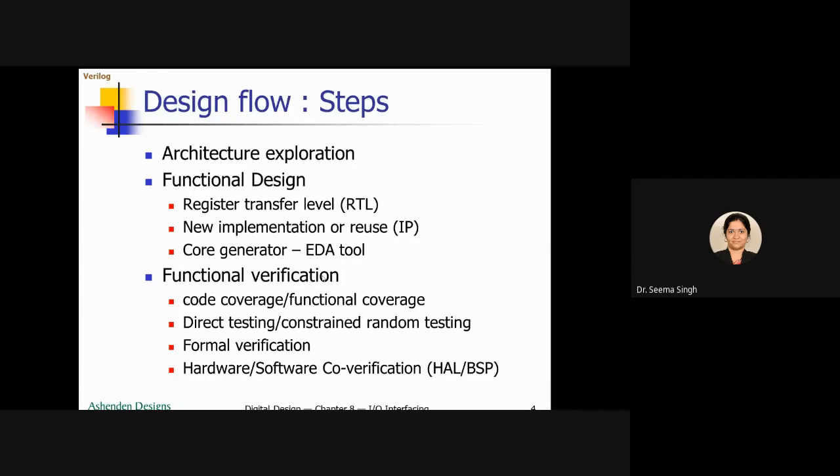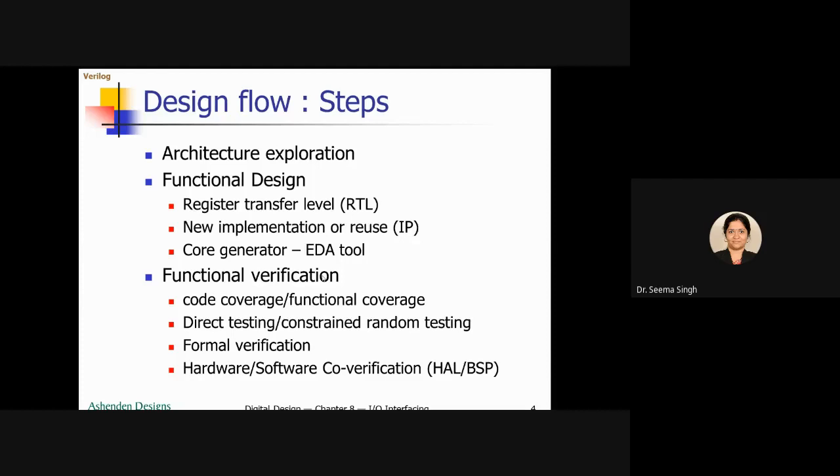But for a more complex component, achieving significant functional coverage is not possible. So we must complement direct testing with other techniques. What is happening? See, if simpler components are there, direct testing will be fine. But if a complex component comes into the picture, significant functional coverage will not be possible.